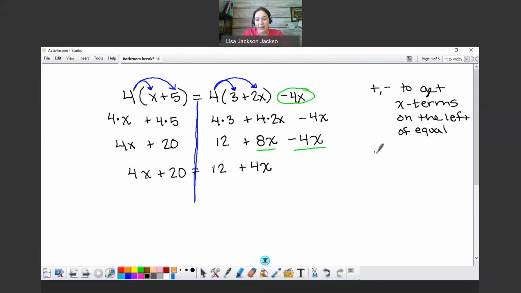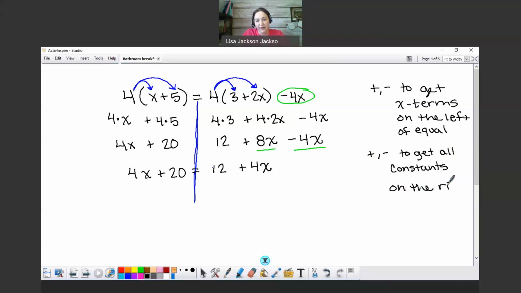So add or subtract to get all the x terms, variable terms, on the left, and then add or subtract to get all terms without variables, all constants is what they're called, on the right.